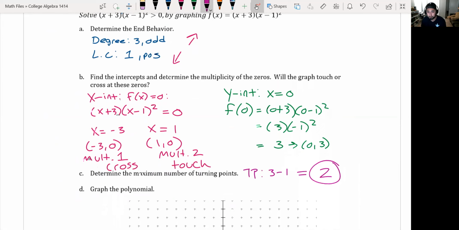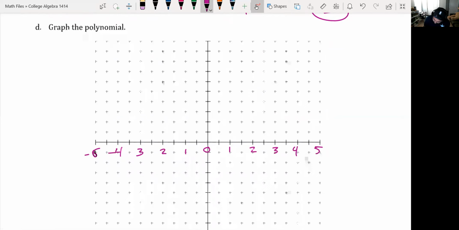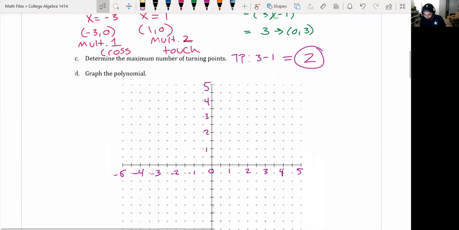And now we graph. Let me look at my values. I have x values of -3 and 1, and a y value of 3, so I can space this out. Down here I'll count 1, 2, 3, 4, 5 in the negative direction and 1, 2, 3, 4, 5 in the positive direction, and I can even space out my y values the same way.